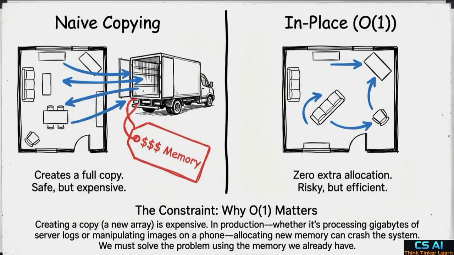If you're processing gigabytes of server logs or manipulating high-res images on a mobile phone, that's extra allocation. That second moving truck can literally crash the system. O(1) isn't just a fun math constraint, it's a survival requirement. We must solve the problem using only the memory we already have. It's riskier because you're overwriting your input, but it is the peak of efficiency.